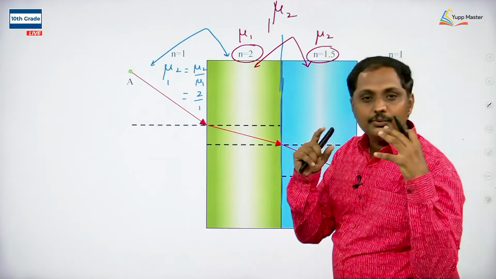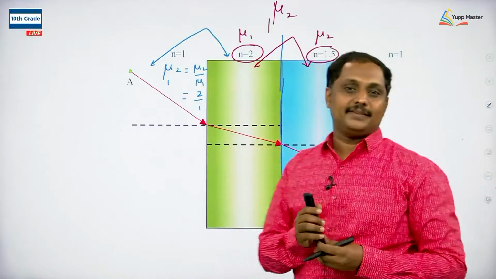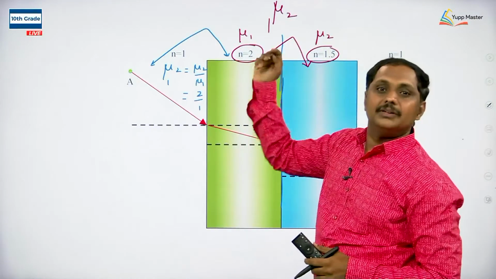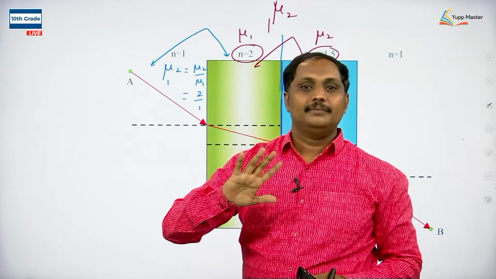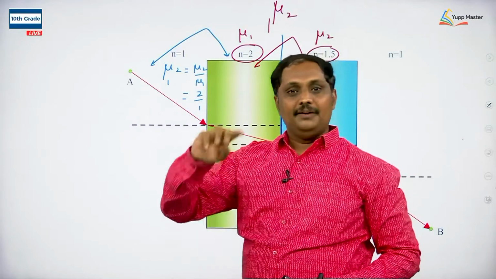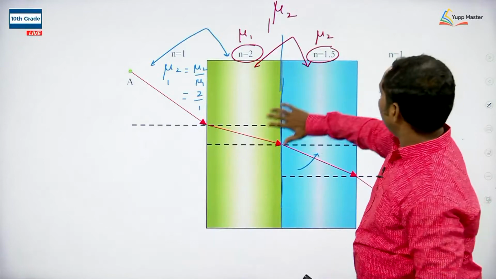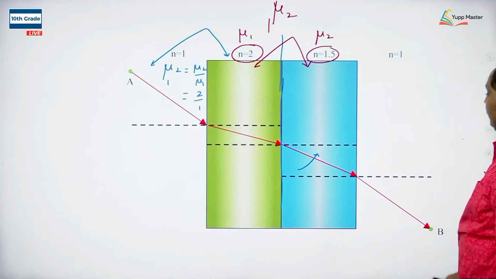If you want to express the relative refractive index as the ratio of the refractive index of the second medium and the refractive index of the first medium, when the light rays enter from the first medium to the second medium. Please take that. This is the case we are going to take.